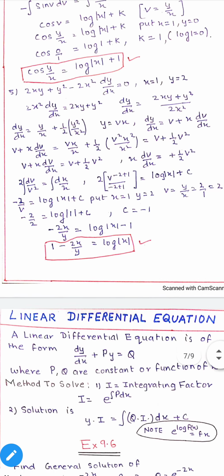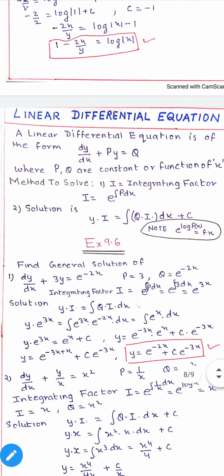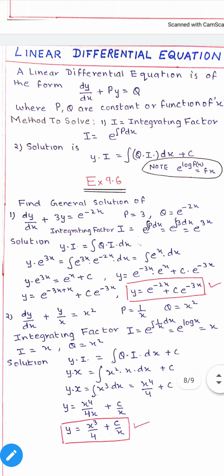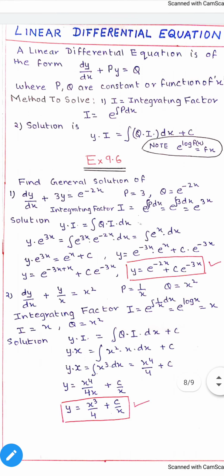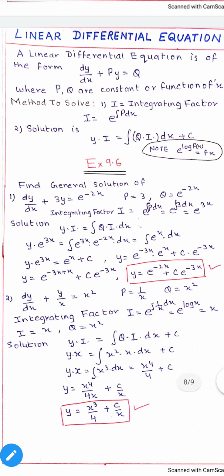The next topic is linear differential equation. The form dy by dx plus py is equal to q is the form of linear differential equation. If a differential equation is in this form, it is considered as linear differential equation, where p and q are constants or functions of x.